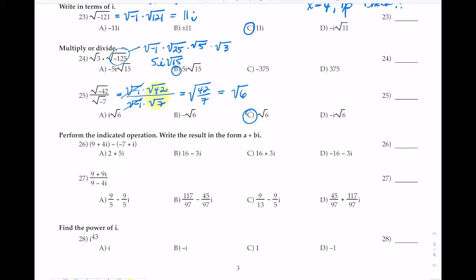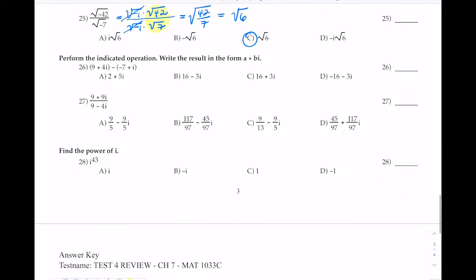So that would be letter C. That would have worked out if you had just divided the negative 42 by the negative 7, but it doesn't always. So pull out the i's first, and then simplify and use the quotient rule, because the rules don't work the same way in that world.